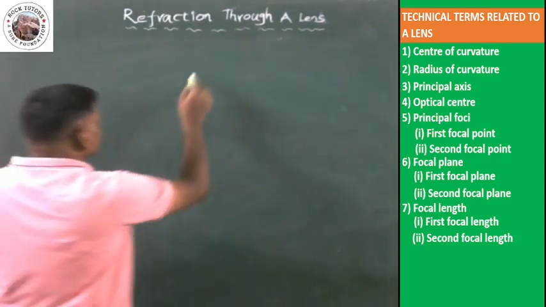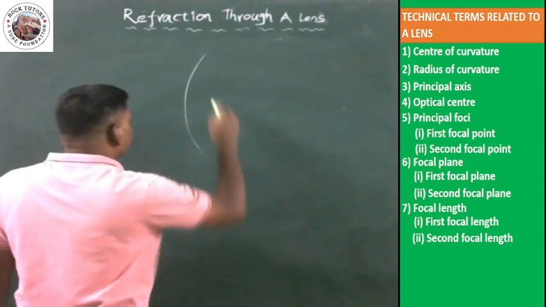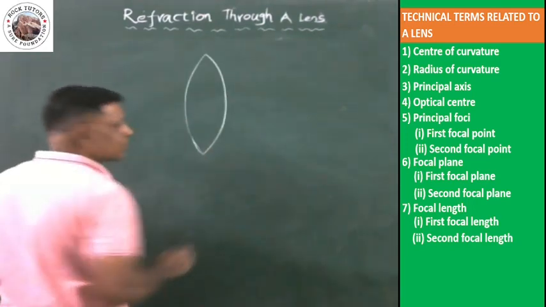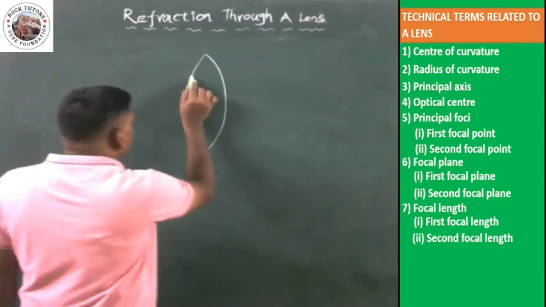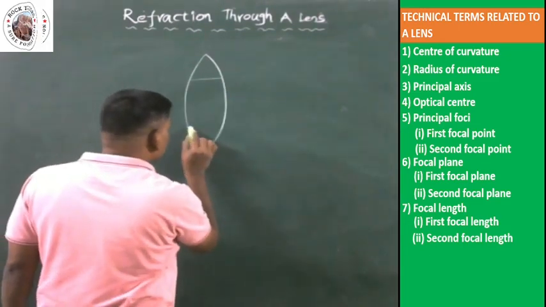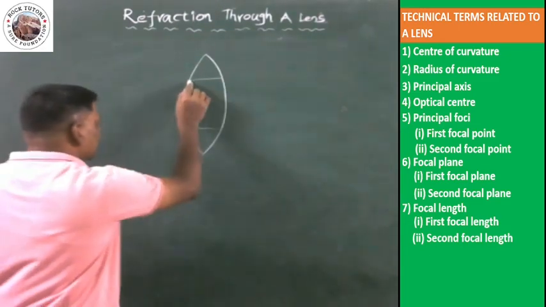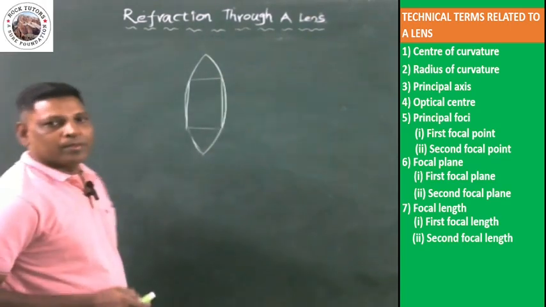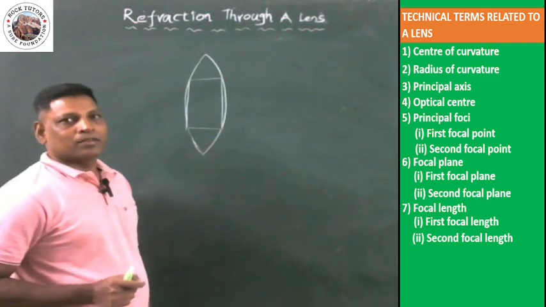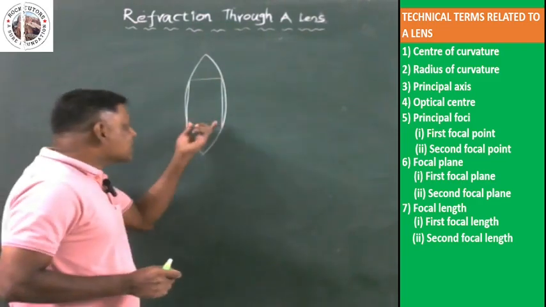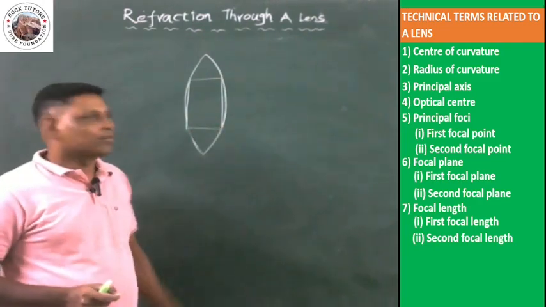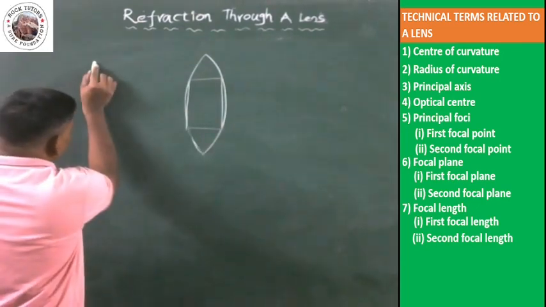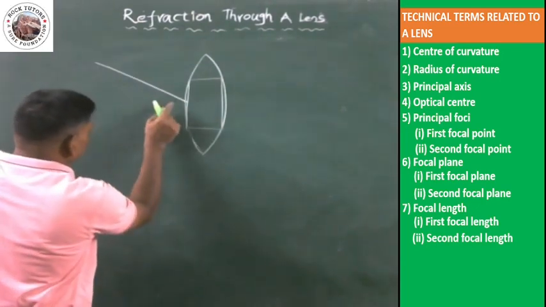Optical center means, as we discussed just now and saw in an activity also, this is a prism and this is a glass slab. Think that this is a very thin glass slab. What happens when the light is passing through the glass slab?